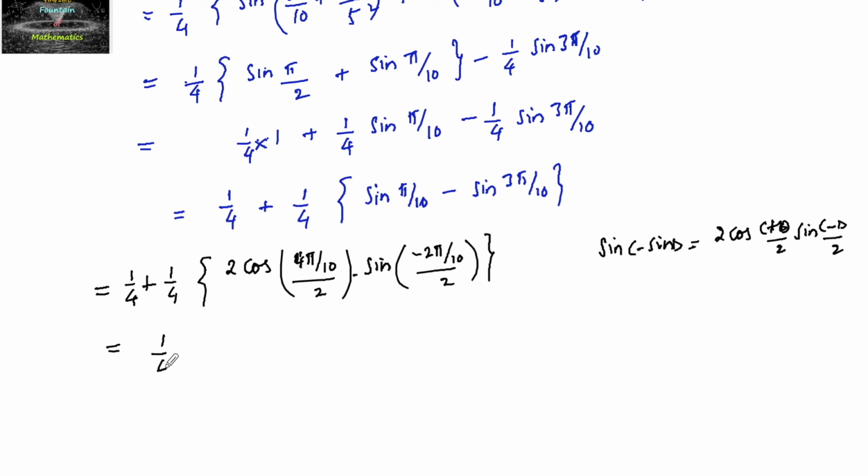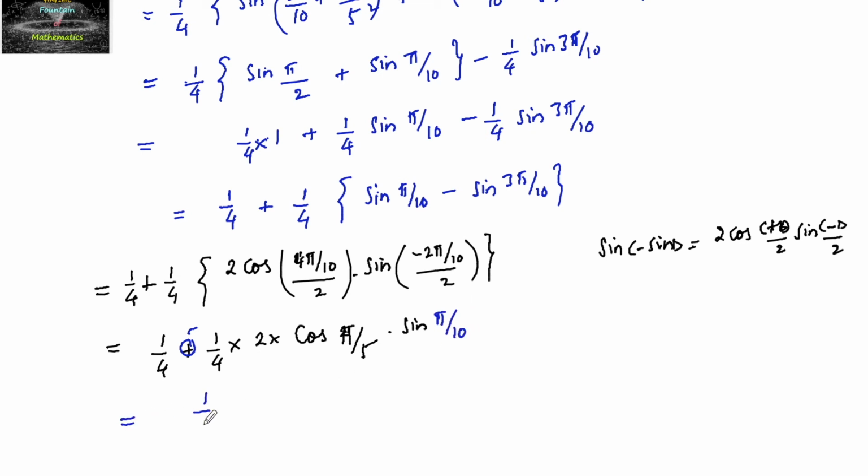So 1 by 4 plus 1 by 4 times 2 times cos of 2 pi by 10, that is pi by 5, and here we can write sin of minus theta is minus sin theta, so the sign will change, minus sin pi by 10.